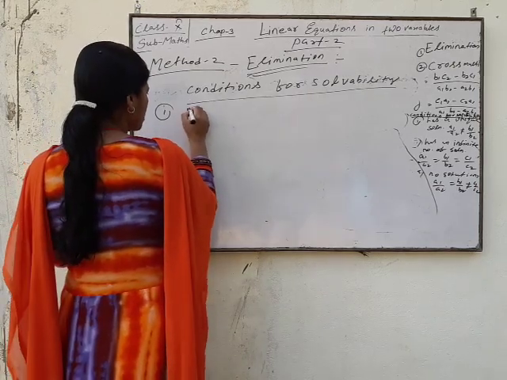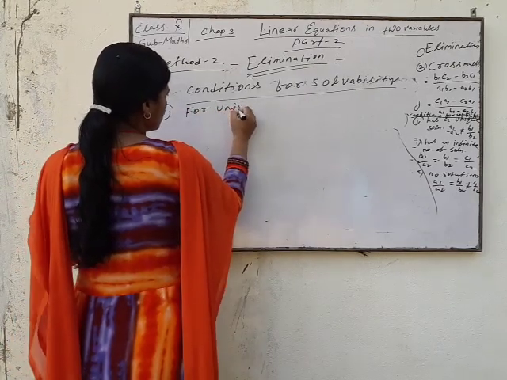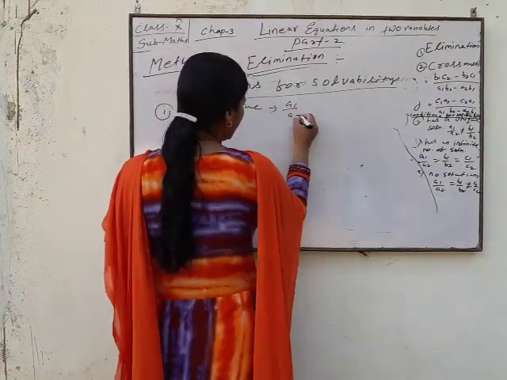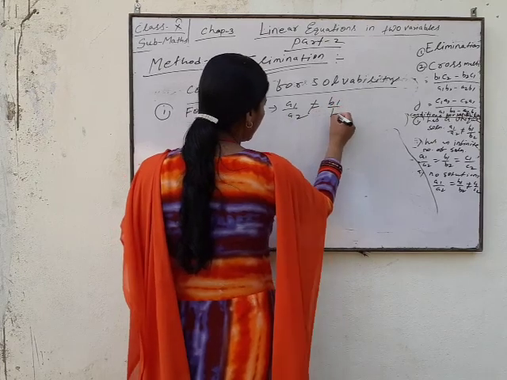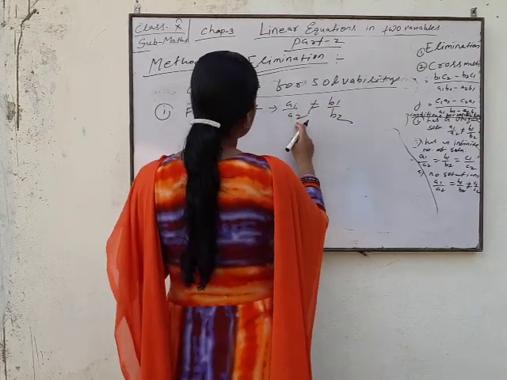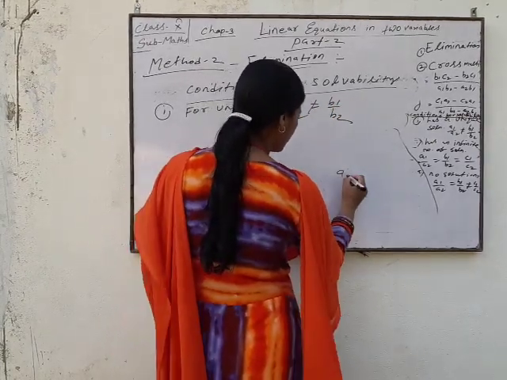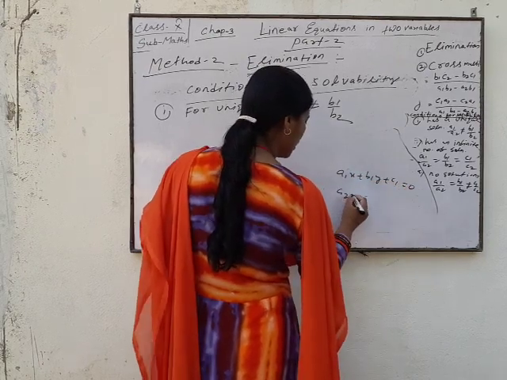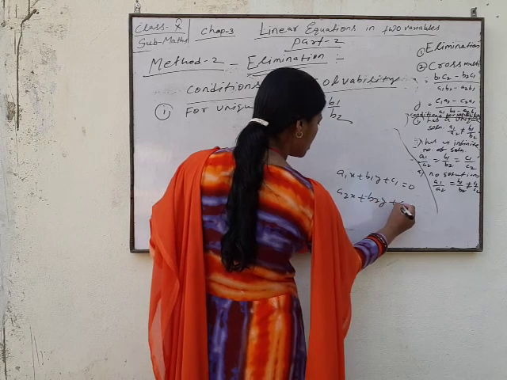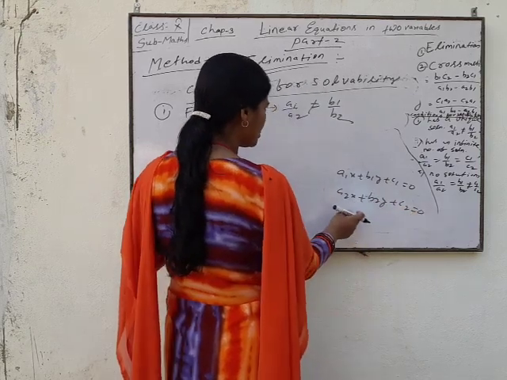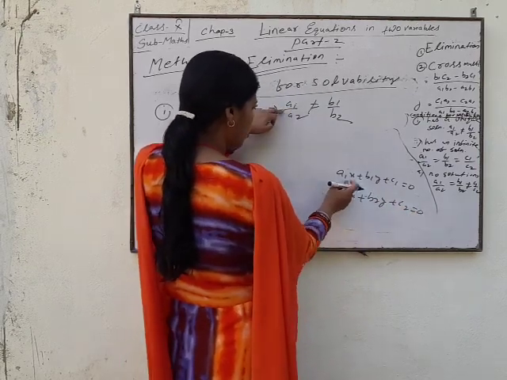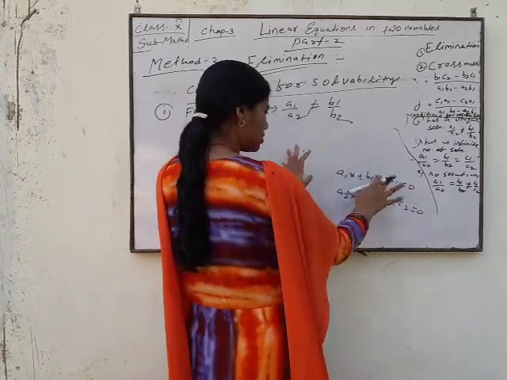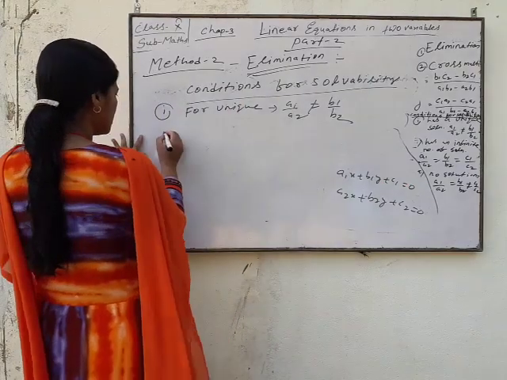For a unique solution, a1 by a2 is not equal to b1 by b2. Your equations are a1x plus b1y plus c1 equal to 0 and a2x plus b2y plus c2 equal to 0. These are the given equations. So a1, a2 are the coefficients of x, b1, b2 are the coefficients of y, and c1, c2 are the constants.